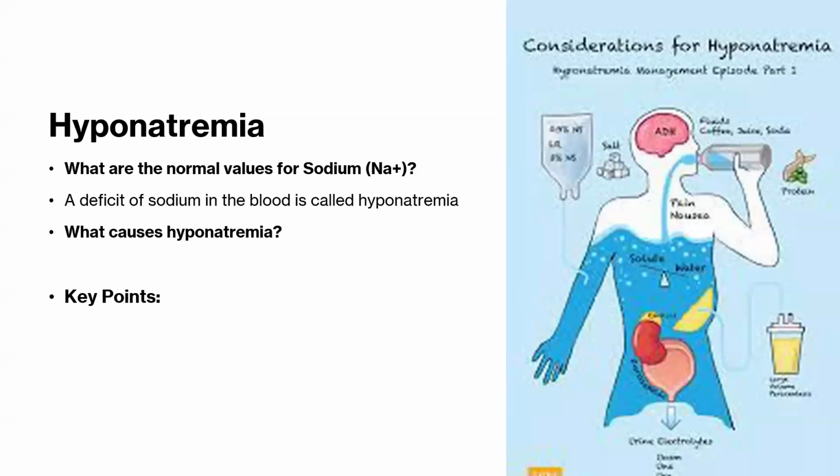Kidney disease, because our kidneys don't function correctly, may not save sodium or may force too much out. Inadequate sodium intake, meaning that we're not getting enough sodium in our diet, will cause us to have low sodium levels. Excessive intake or retention of water: if we dilute our system too much, we're over drinking, then we end up diluting our sodium.